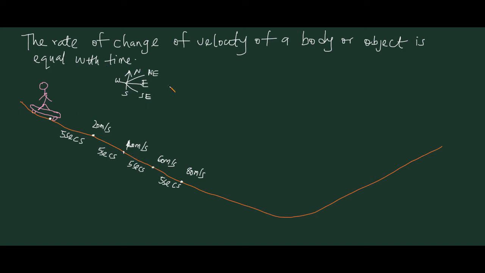This is what we call uniform acceleration, because the formula of acceleration is change in velocity over the time taken, and we can see that the rate of change of velocity is equal.